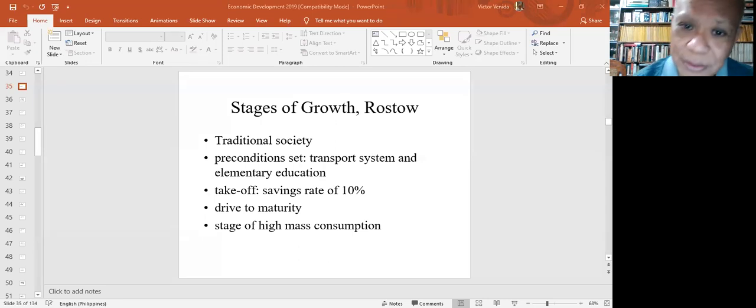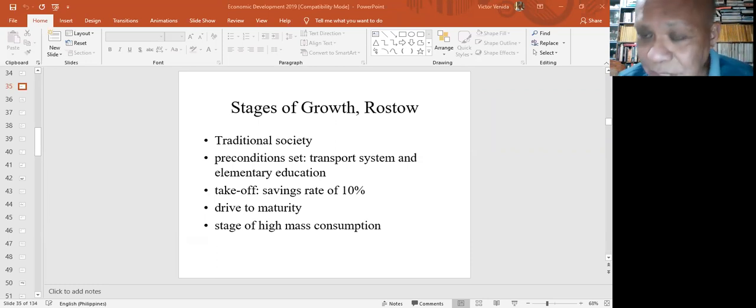So put these together with the transport system and the elementary education being put in place, it would translate to more and more firms able to generate more and more profits and therefore have more and more funds for further investment, and more households able to earn higher incomes and therefore allow for the generation of savings.